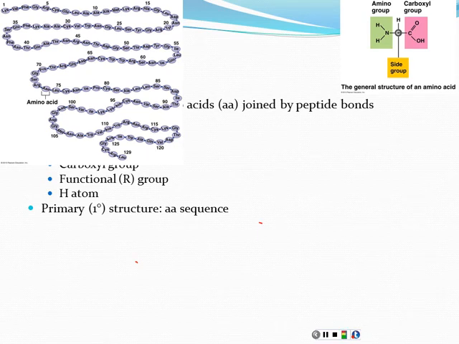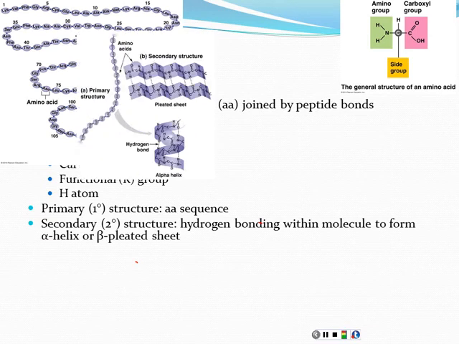So anyways, what I'm trying to get at is that as you have these peptide bonds forming all together, this sequence of amino acids is called the primary structure. And it becomes a little more complex when you go into the secondary structure. This is when we actually start to have more bonding in between different regions of the primary structure.